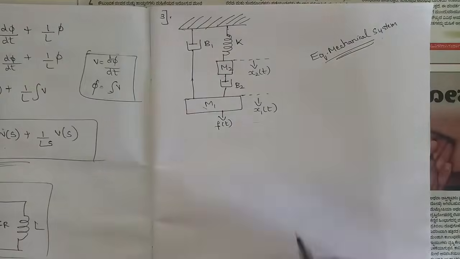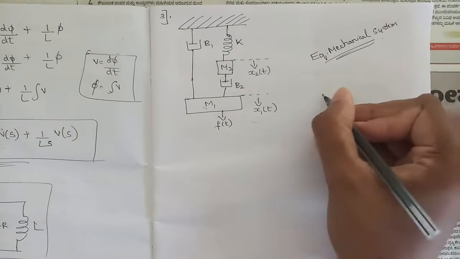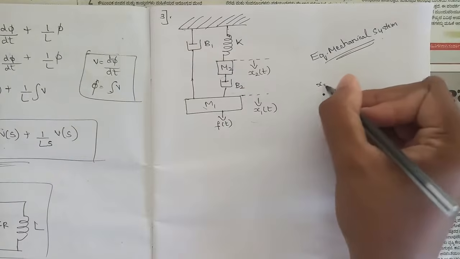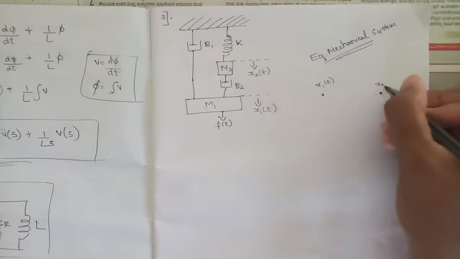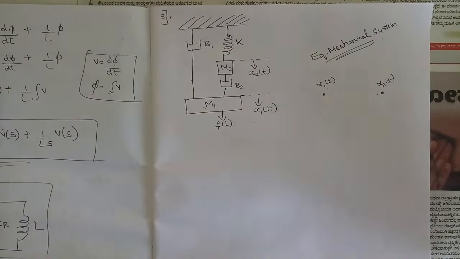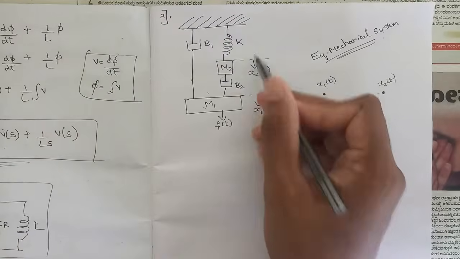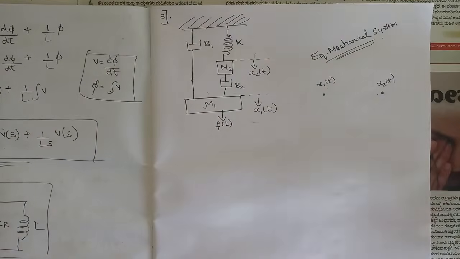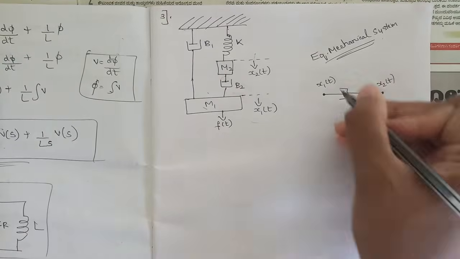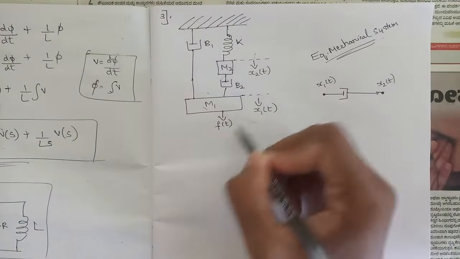So here the total displacements are x1 of t and x2 of t. So two nodes we need to draw first. x1 of t, x2 of t, and after that, the first observation is that this friction B2 is between these two displacements. So the first thing we need to draw is this B2 between these two nodes. Okay, and after that, x1 of t is causing this force F of t.